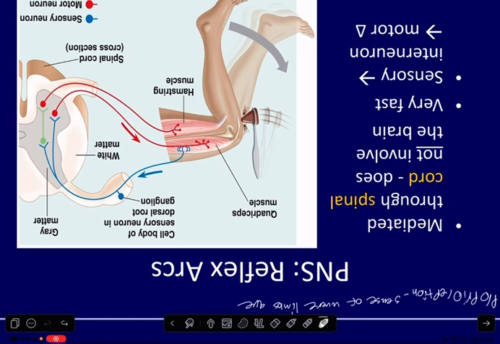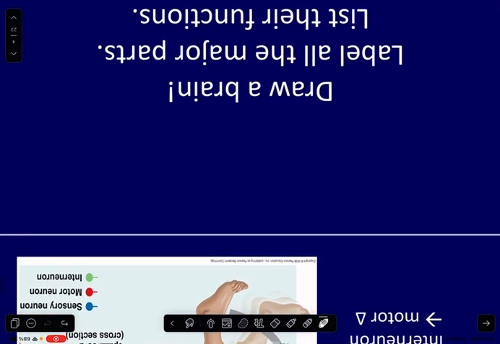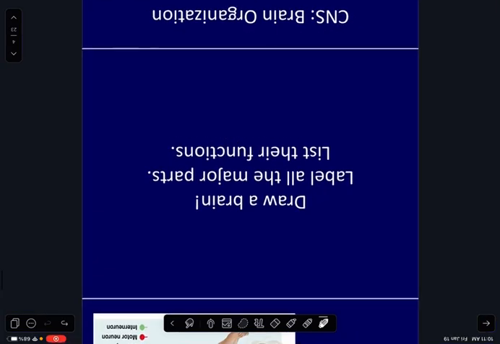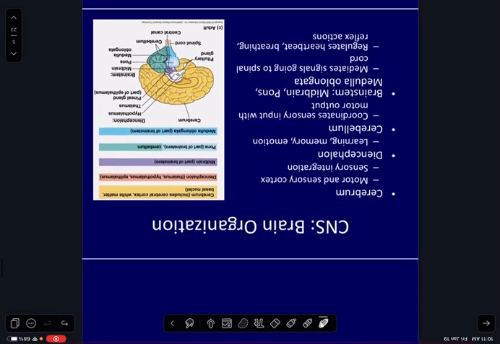Okay, remember we talked about the brain? Draw me a brain. It's a side view, so it's actually half a brain. That's okay.